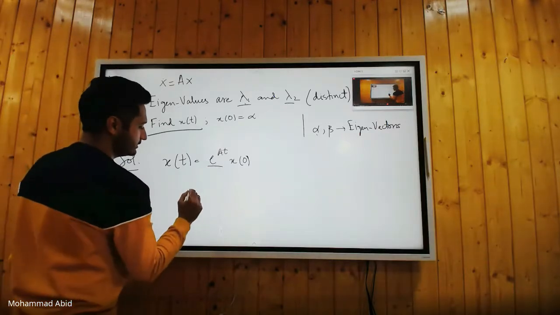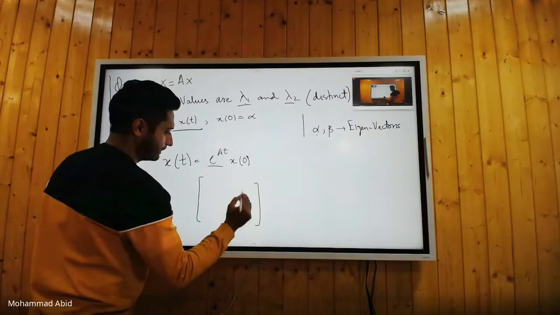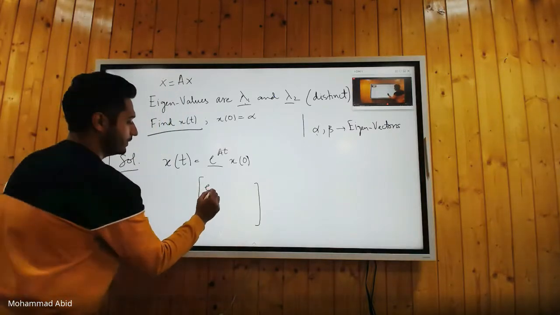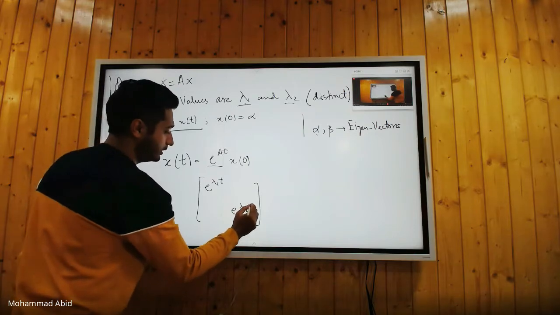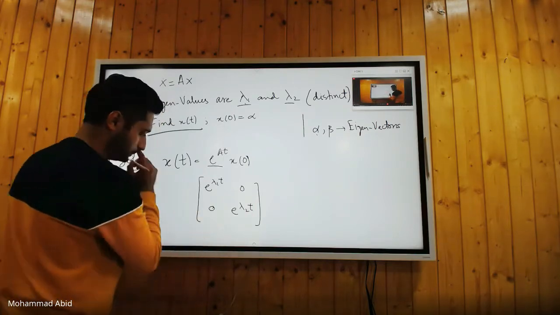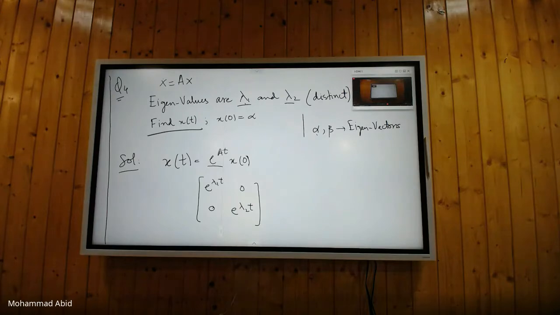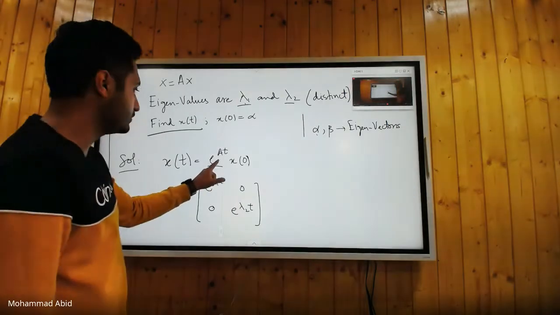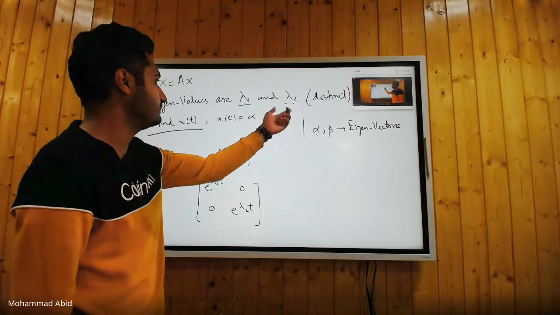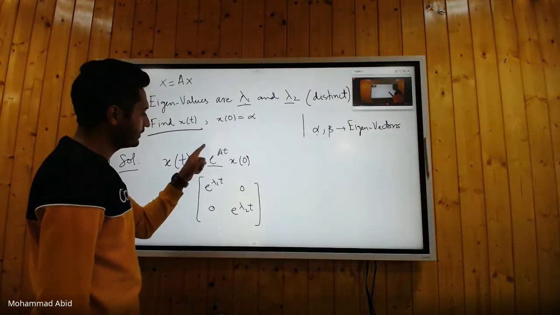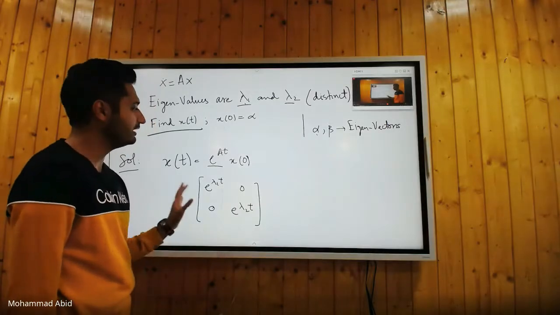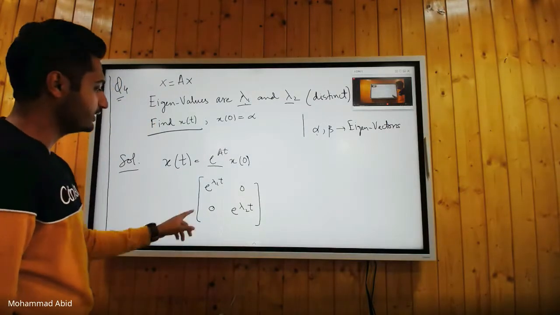You can simply write it as e to power lambda 1 t, e to power lambda 2 t, 0 and 0. Isn't it? If you know the eigenvalues of A, which is lambda 1 and lambda 2 in this case, and they are distinct, you can simply write e to power At as like this. No evaluation needed, because we know eigenvalues.